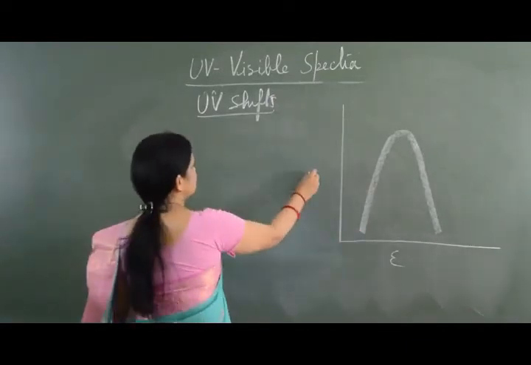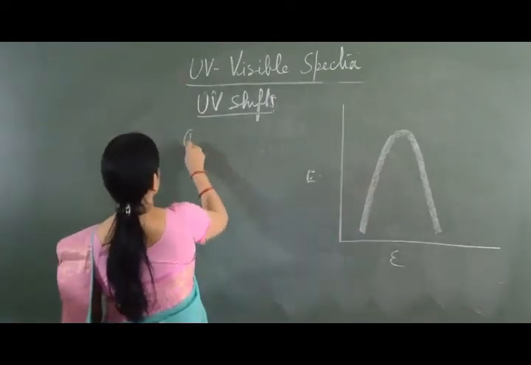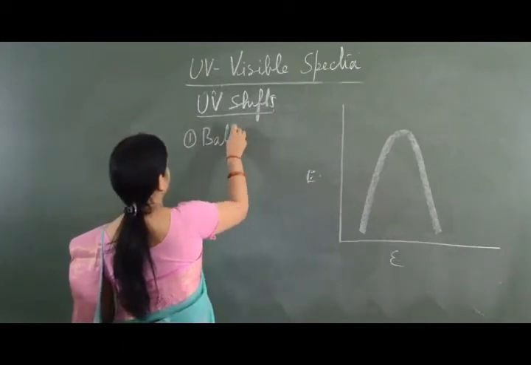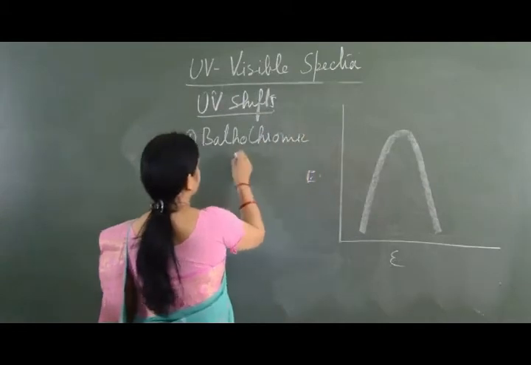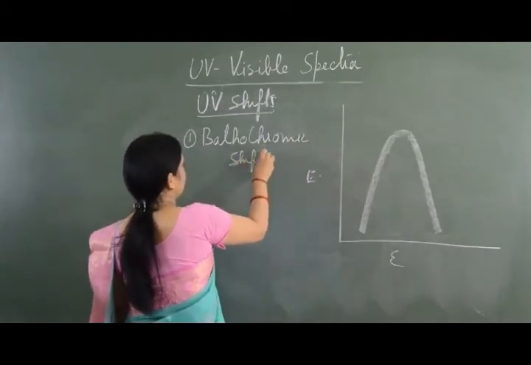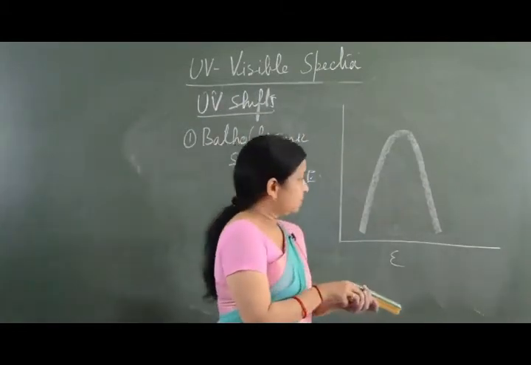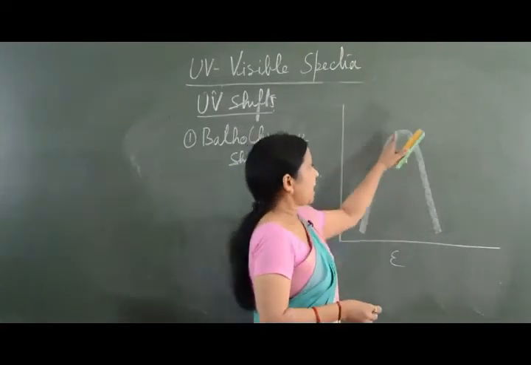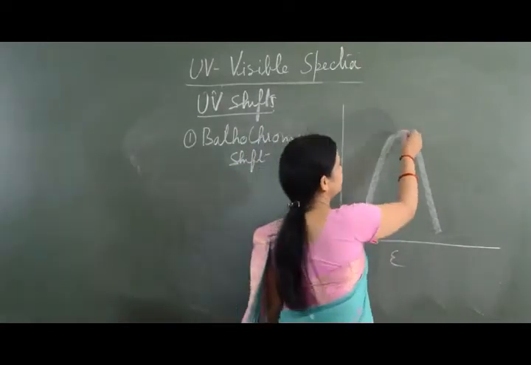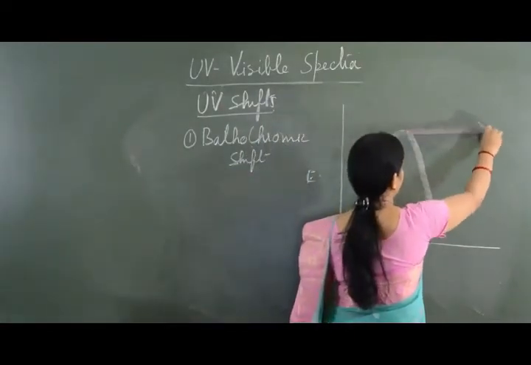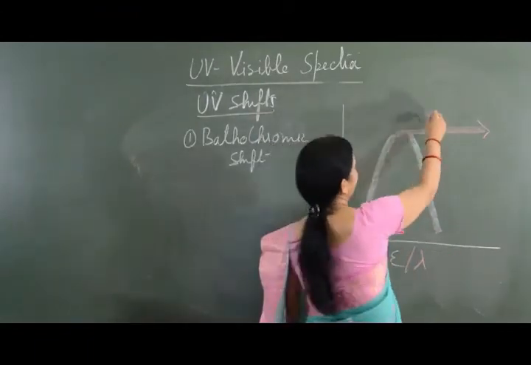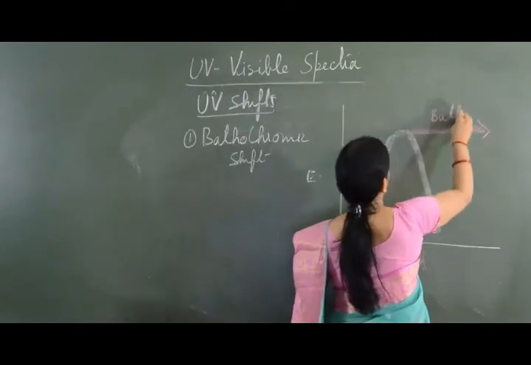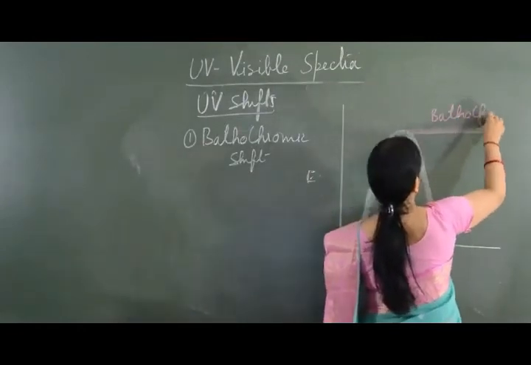Now, the first shift which takes place is the bathochromic shift. Bathochromic shift means the absorption maxima is going to shift towards higher wavelength. So, this is actually wavelength, higher wavelength, that is the bathochromic shift.